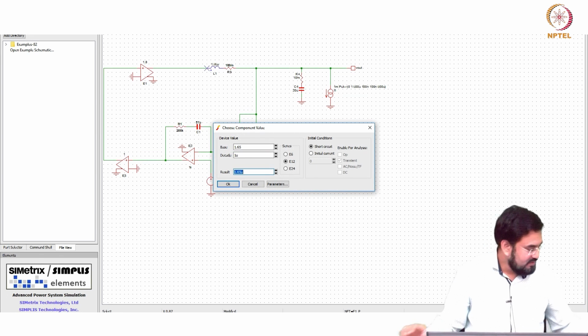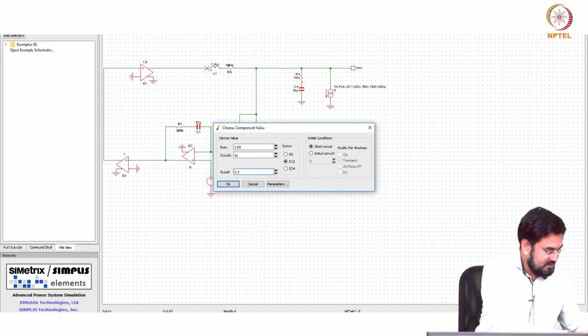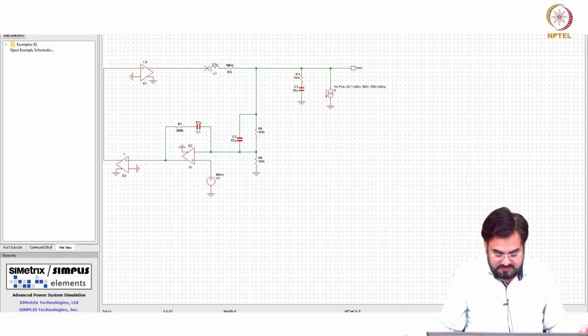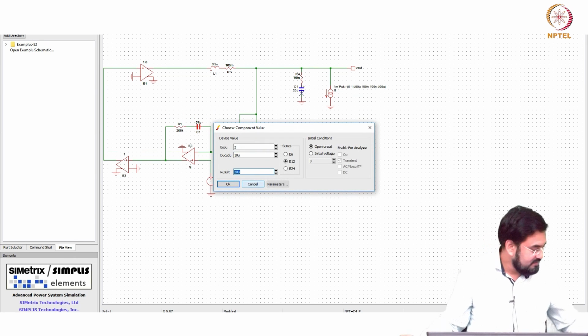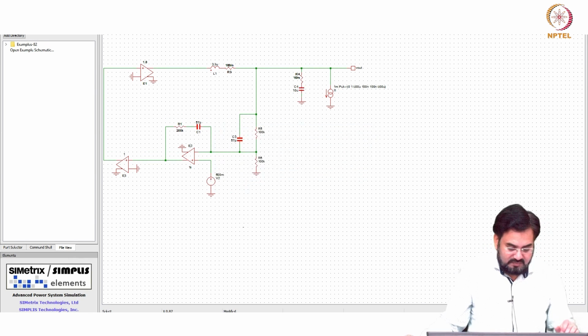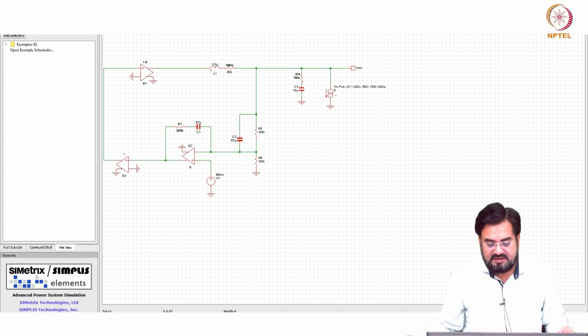I will change the value to 3.3 micro. So what I am giving? I am giving a load, a switching load here. So it should settle. So you will see undershoot and overshoot based on whether your load is getting removed or applied.